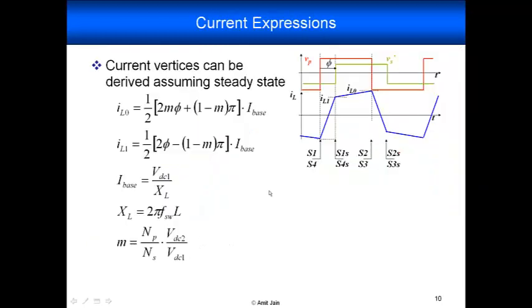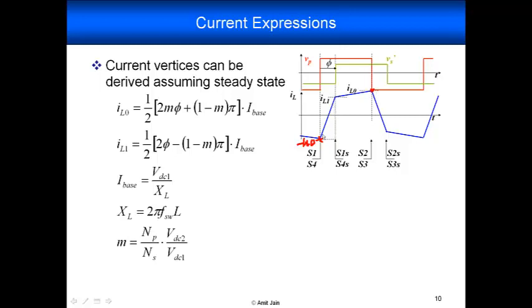The current expressions for the inductor current, we can derive these vertices IL1 and IL0. The derivation is quite straightforward. The important thing to realize is that if we are in steady state, then this current is minus IL0, same as this current IL0 at this vertex, only reversed in polarity.